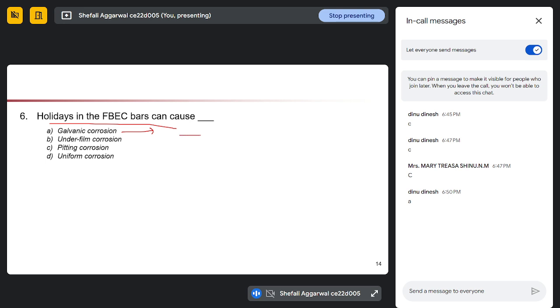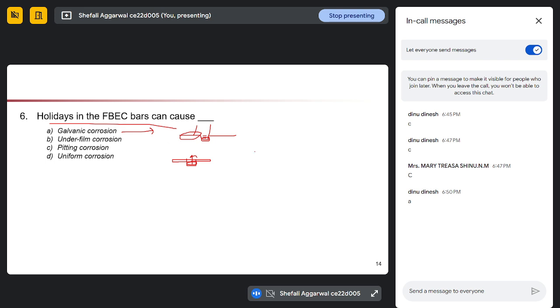Galvanic corrosion means when you have different metal surfaces, like if there is a gap here and this is a different metal and this is a different metal, then that is called galvanic corrosion because a galvanic cell is formed. Next is underfilm corrosion. Underfilm corrosion means you have a coating which is destroyed and the rebar below is exposed, and then you will have corrosion at this point.